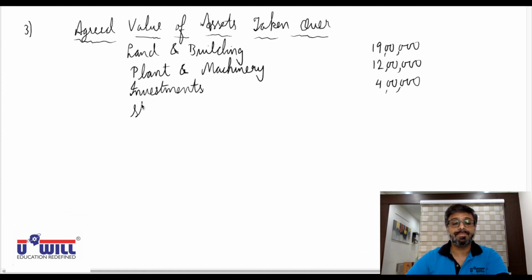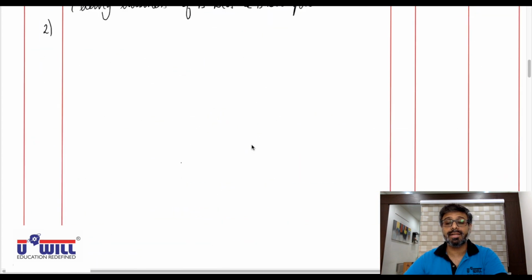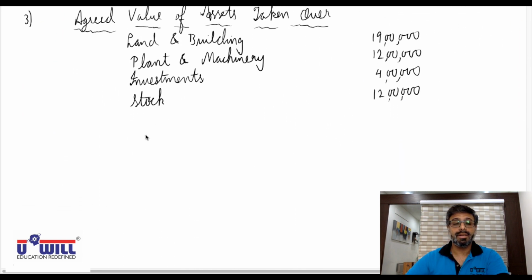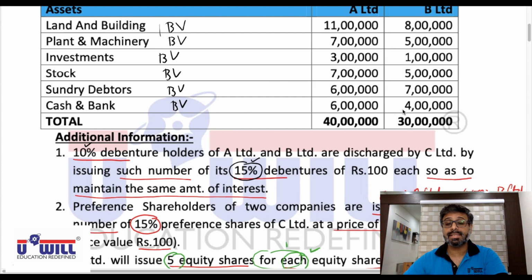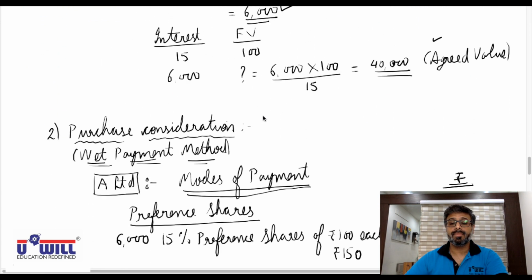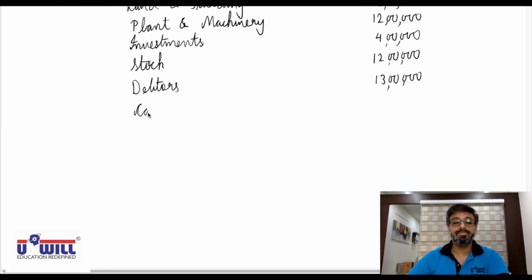Then sundry debtors, 6 lakhs plus 7 lakhs, 13 lakhs. Then cash and bank, 6 lakhs plus 4 lakhs, 10 lakhs.